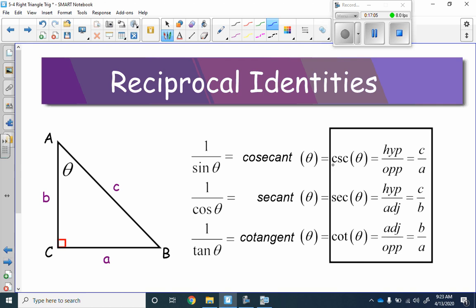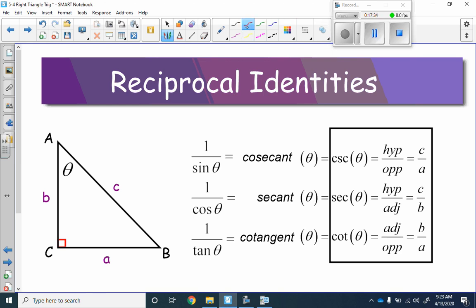We abbreviate that CSC. And so since you're taking the reciprocal of sine, now it's hypotenuse over the opposite side. The reciprocal of cosine is the secant, which is hypotenuse over the adjacent side. And then the reciprocal of tangent is the cotangent, which is adjacent over the opposite side.